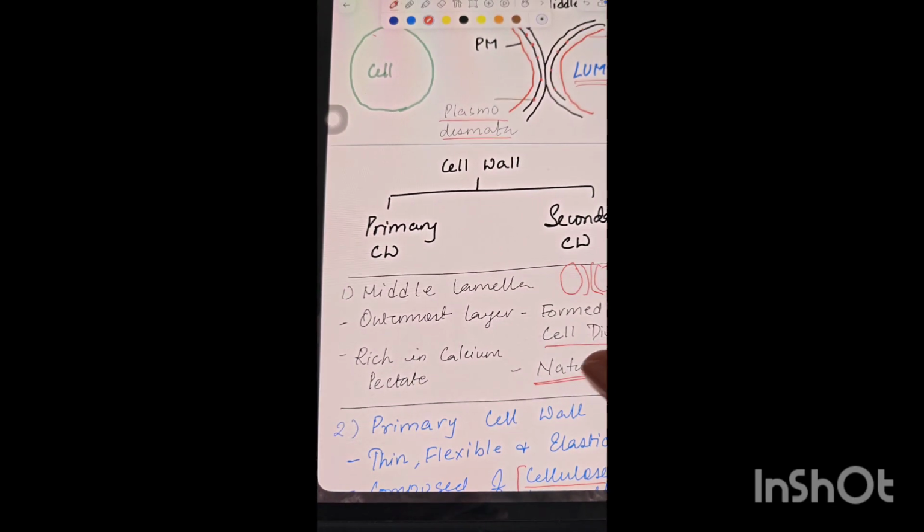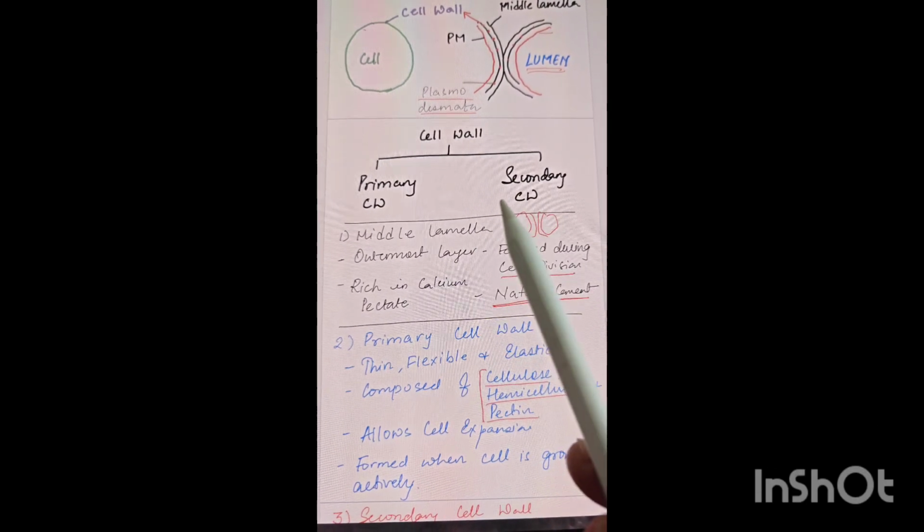Structurally the cell wall is made up of two layers, you can say. At the younger stage, in any plant cell, you will find the primary cell wall, and when the cell grows, during secondary growth, you will find the secondary cell wall.